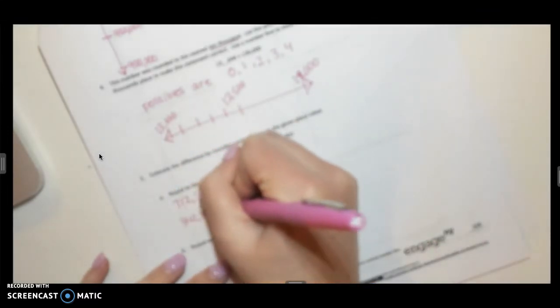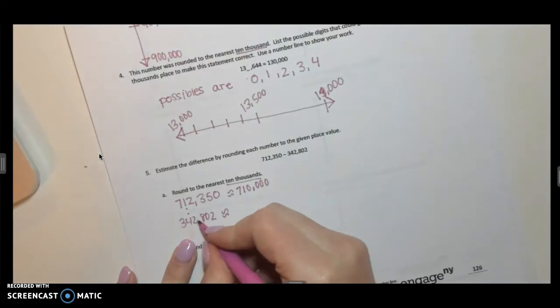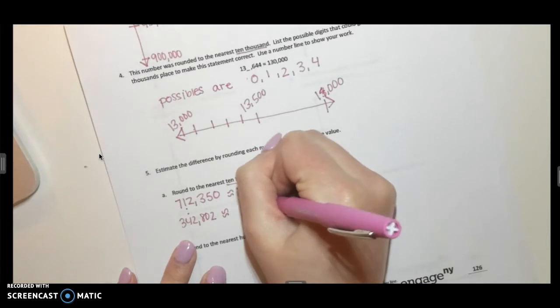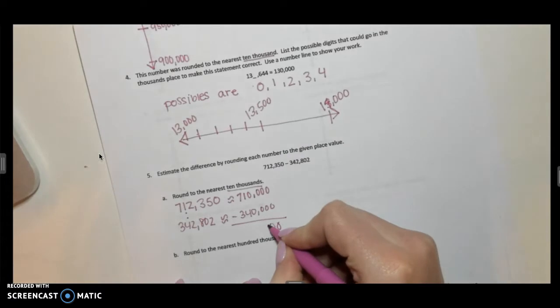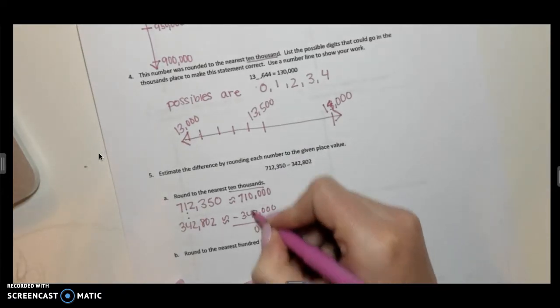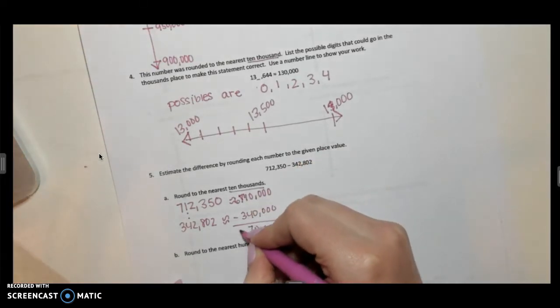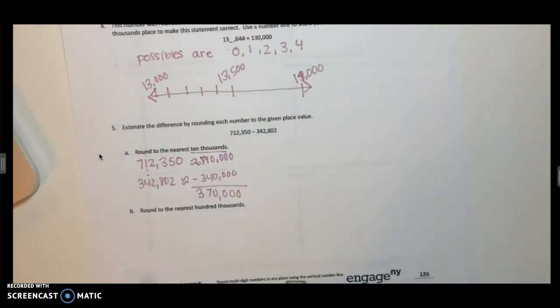And then that next number is 342,802. And this, we want to round to the 10,000s, which is that 4. And this 2 tells us to stay the same. So this is 340,000. And that's our subtraction problem. 0, 0, 0, minus 0. We're going to borrow from that 7, 11, 11, and 3. So 370,000 when you round it to the 10,000s.